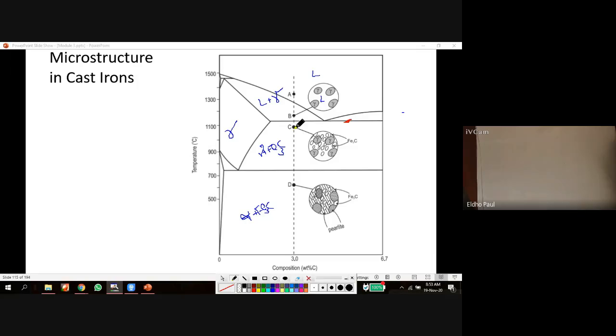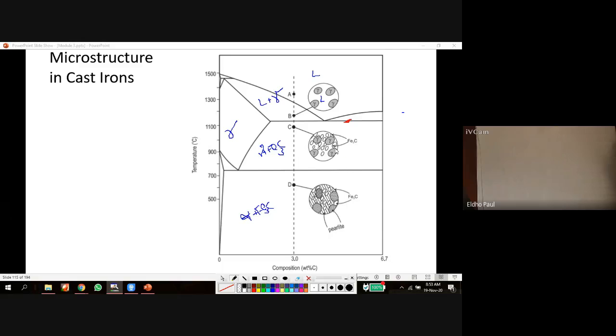Again, by cooling from C to D, we can see this crosses the eutectoid line. This is the eutectic line, this is the eutectoid line. So from C to D, what happens? The constituents change from gamma plus Fe3C to alpha plus Fe3C, that means all the gamma particles convert to alpha.